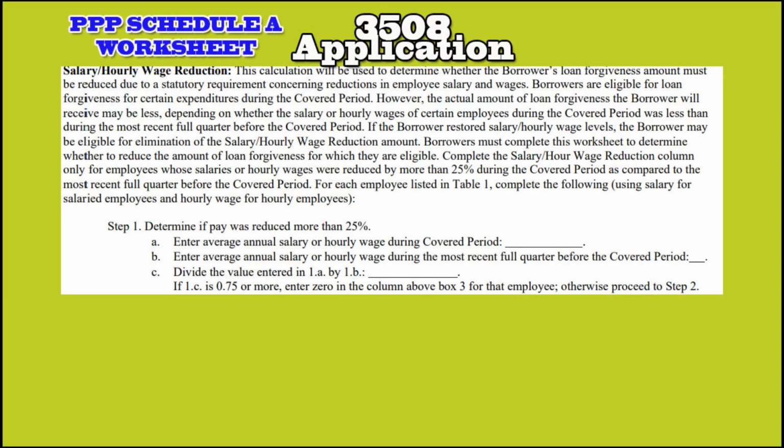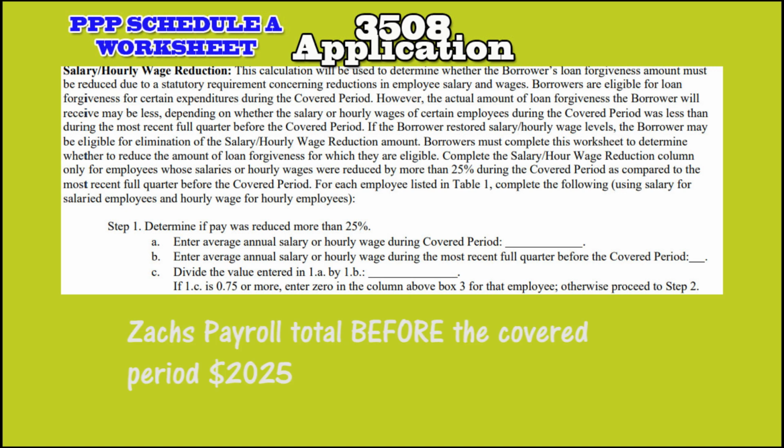We're going to say that we hired Zach on March 4th. Remember, our covered period starts April 20th. We hired Zach on March 4th. At that time, we had Zach as part-time. His total wages, $2,025, okay?